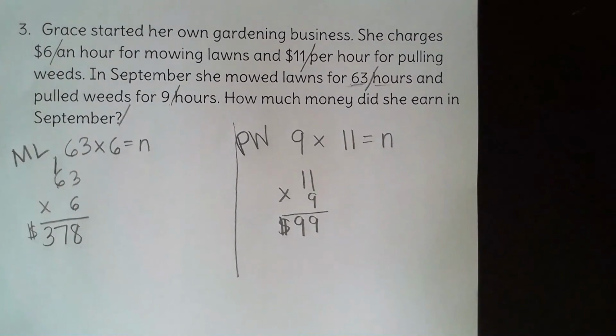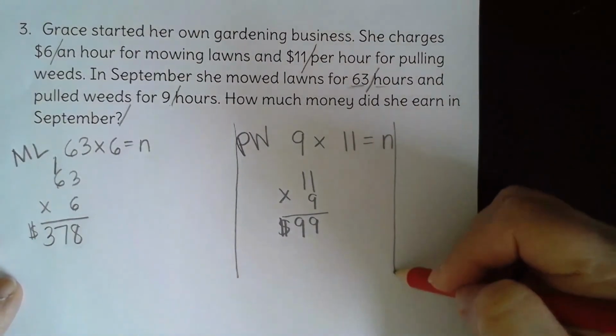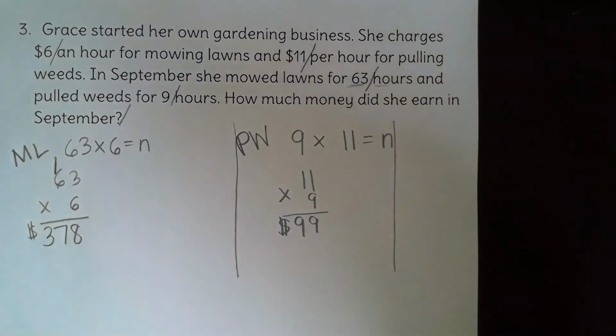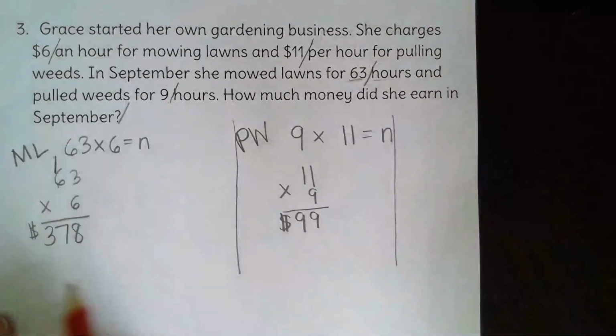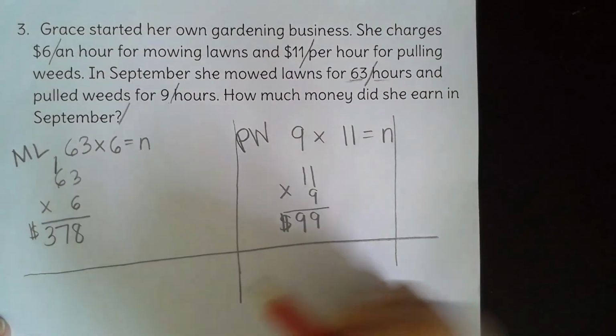So I'm still not done, because the question asks me how much did she make total in September. Well, the way I do that is by taking the money she made mowing lawns and put it with the money she made pulling weeds. So that's got to have its own space.